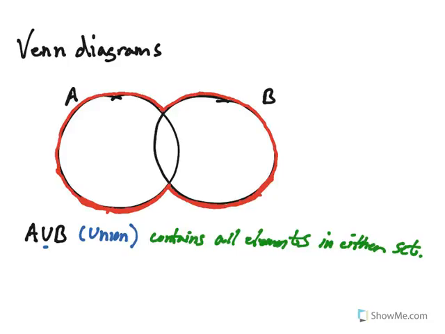The next thing that we want to do is the intersection, which is the upside down U. Okay, this is the intersection.